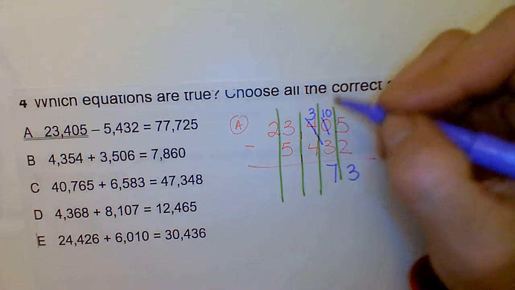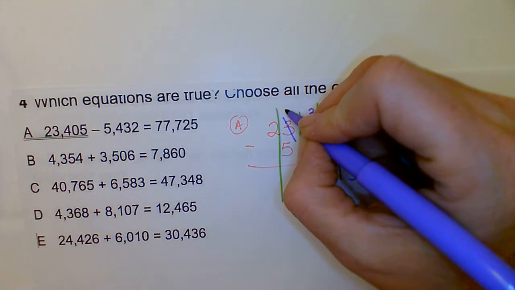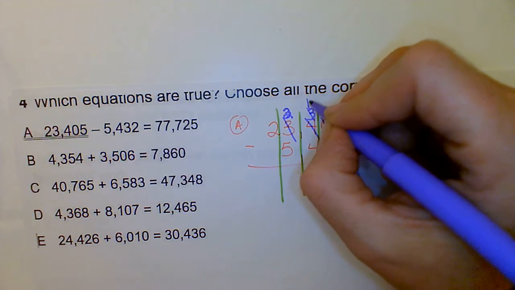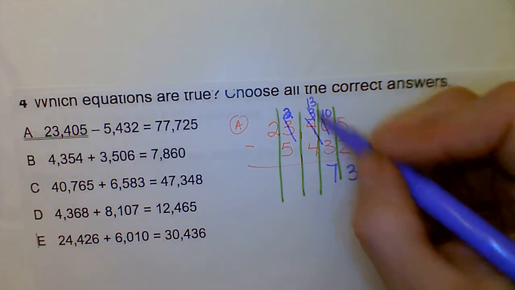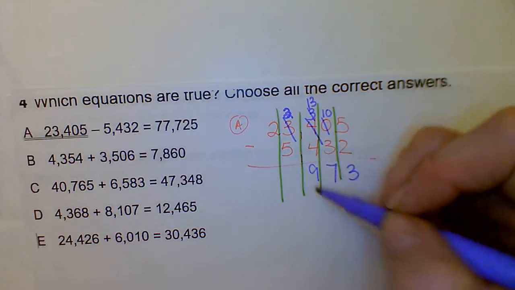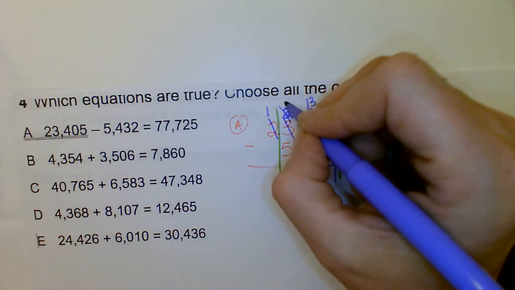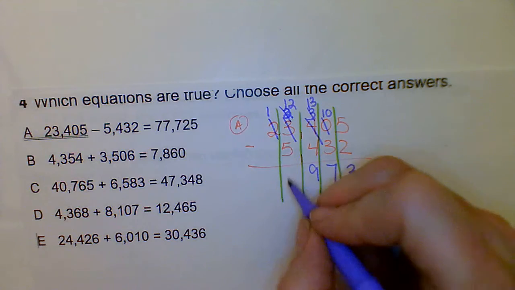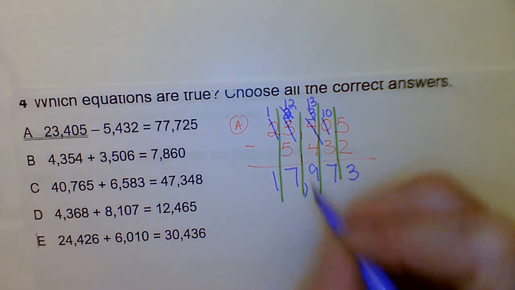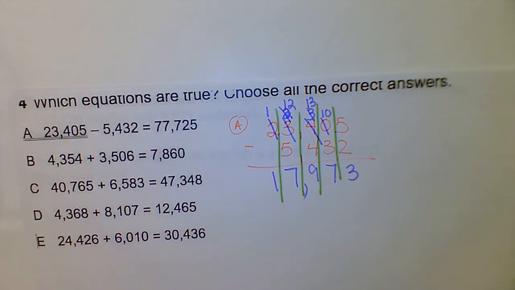3 minus 4 doesn't work because 3 is smaller than 4, so it goes next door. This 3 regroups and becomes 2 and sends 1 over, which really is 10. 13 minus 4 is 9. 2 minus 5 does not work, so this 2 regroups, becomes a 1, and this becomes a 12. 12 minus 5 does work, and that's 7, and 1 minus nothing is 1, and we got 17,973, which is very different.